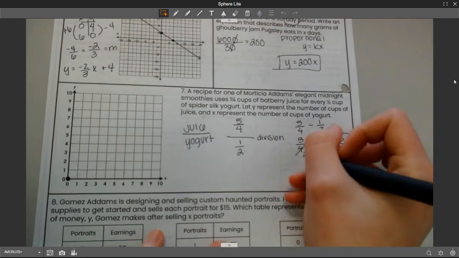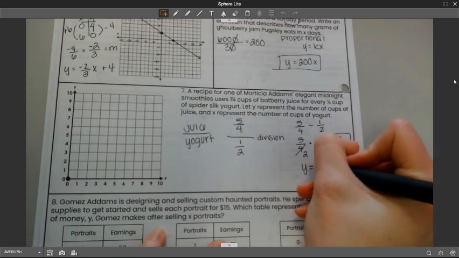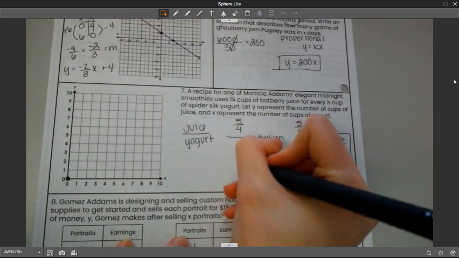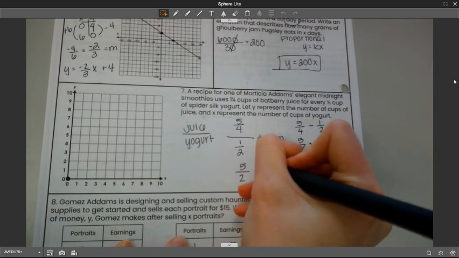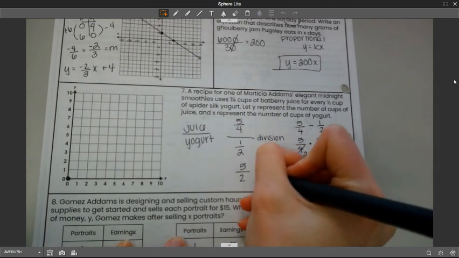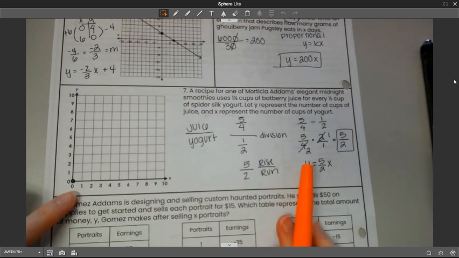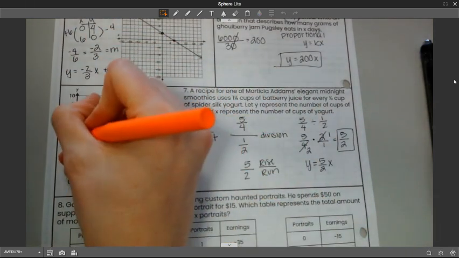So I need to write an equation that is y is equal to 5 halves x. And when we're graphing, we always follow rise over run. So that means I'm going to rise 5, go up 5, and run 2. So from 0, 0, because it's proportional, we're going to rise 5.